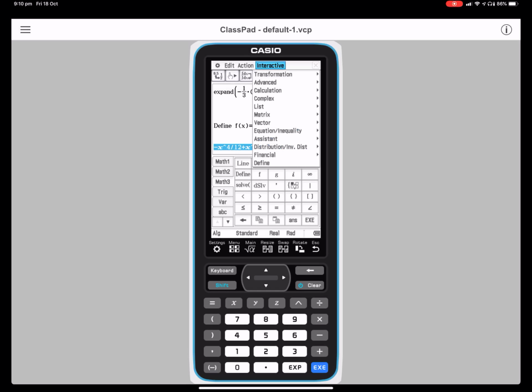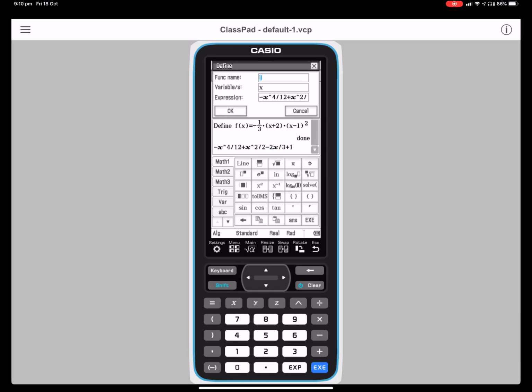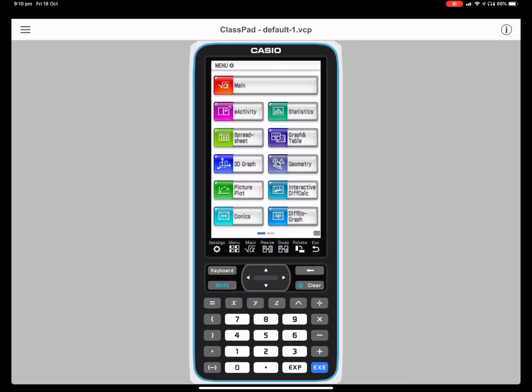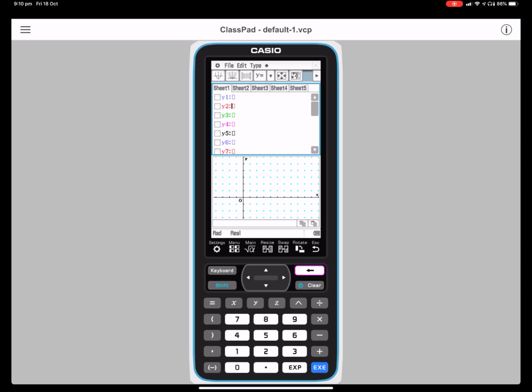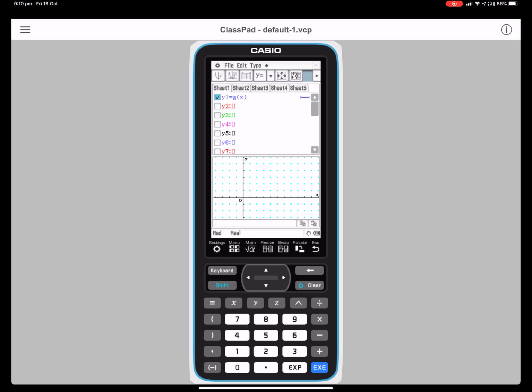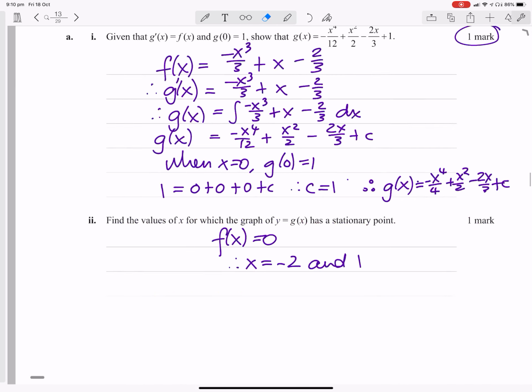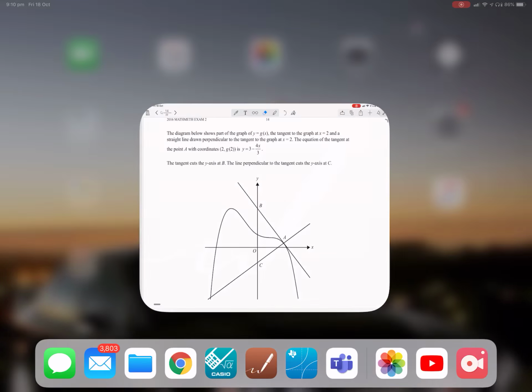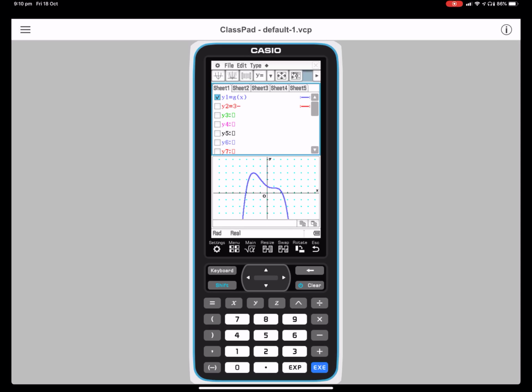Okay, so that's our g of x. Make sure you define it as g of x. Then I would actually go into my graph and table and graph f of x and g of x, graph g of x to make sure it looks right. And then also graph 3 minus, was it 3/4 x? Or 4/3? 4x on 3.